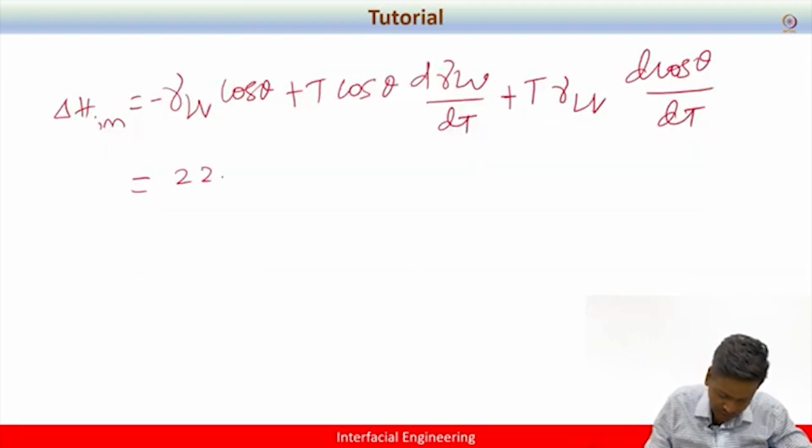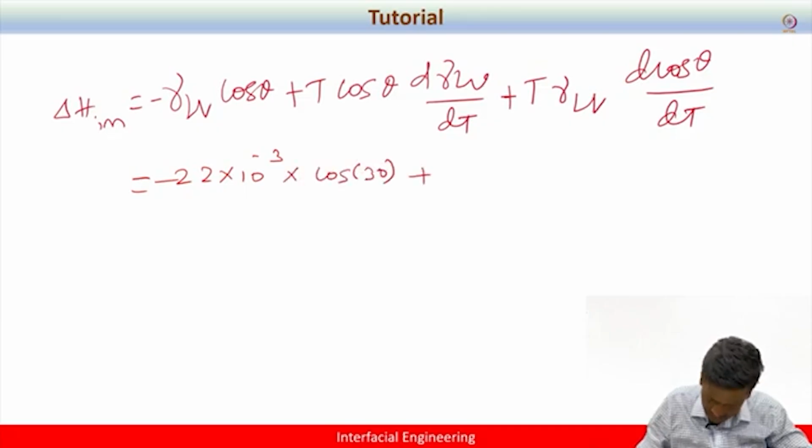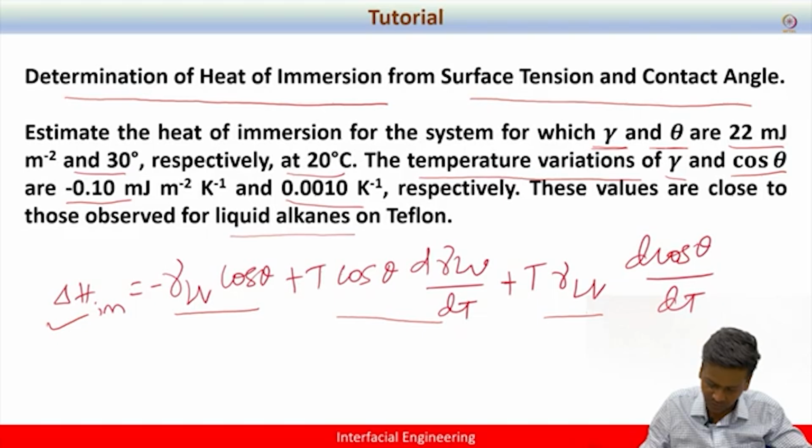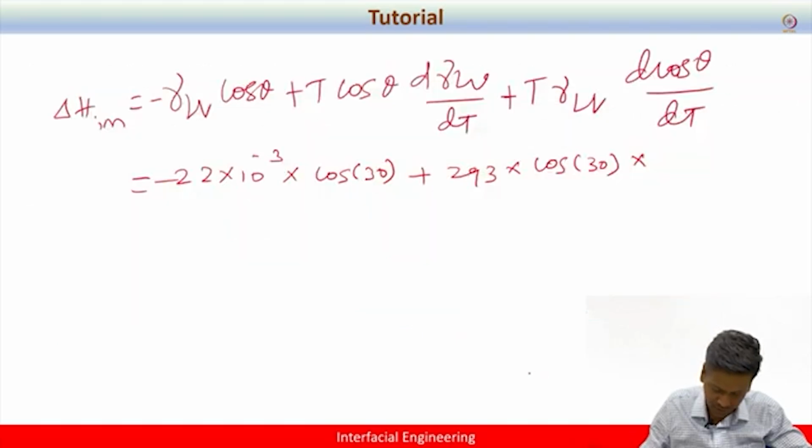So minus 22 into 10 power minus 3, cos 30, plus we have temperature data, that is 293 into cos 30 again. The variation of gamma with respect to temperature is given, that is minus 0.10 into 10 power minus 3.